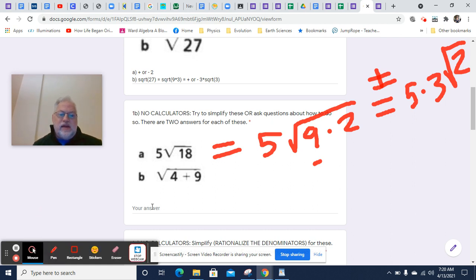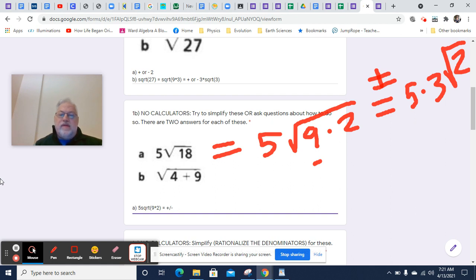So that's how you do it with A. So A will be, we turn that into 5 square root of 9 times 2. And that becomes plus or minus. That's how I'll write it in my typing.